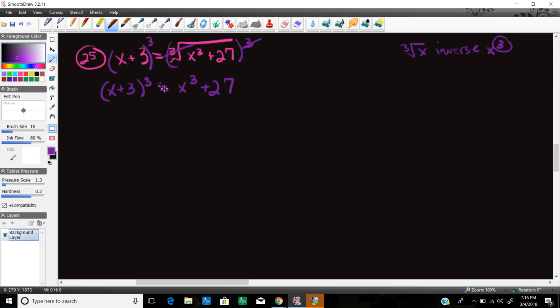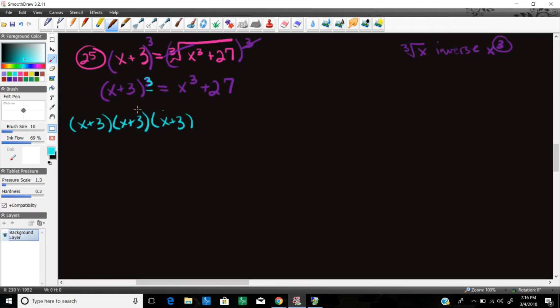So you're saying, now what do I do? Okay, well, this is where the crazy algebra comes in. This little 3 right here means I have to have 3 of these parentheses. So this means I'm going to have x plus 3, there's 1, x plus 3, there's 2, and x plus 3, there is 3.